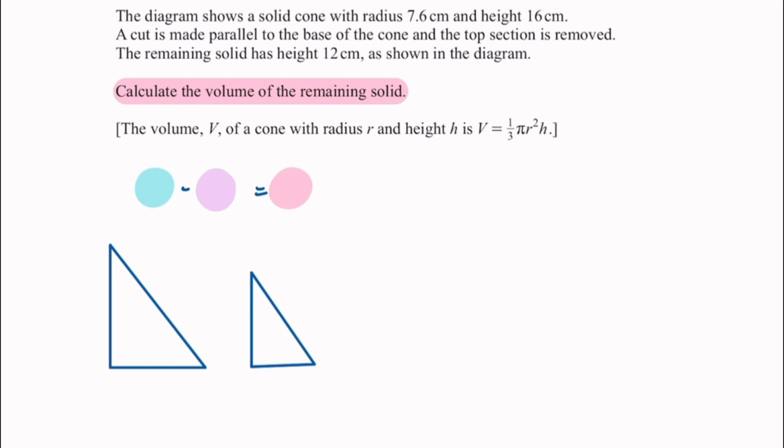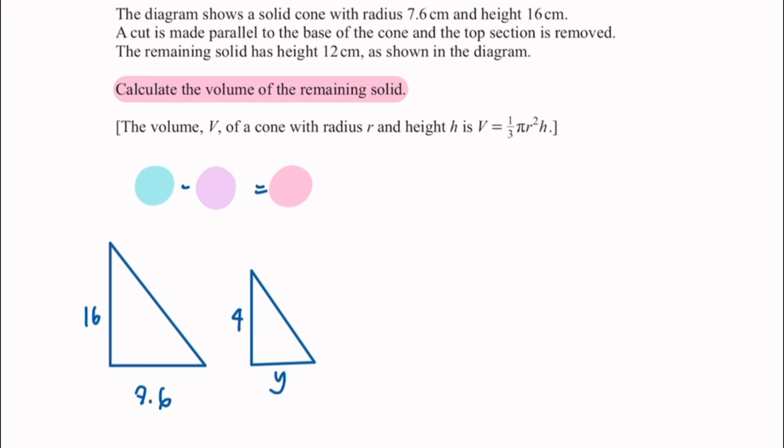And this is y. This is 7.6. This is 4. This is 16. And we want to know the value of y. So we are going to calculate it this way.